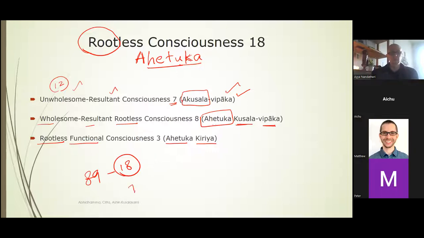So the other 71 are caused by the 6 roots, one at a time, not all 6 roots at the same time. So rootless consciousness 18. There are 3 groups, and the first group is unwholesome resultant consciousness 7, and wholesome resultant rootless consciousness 8.